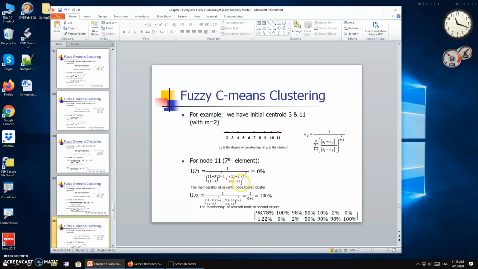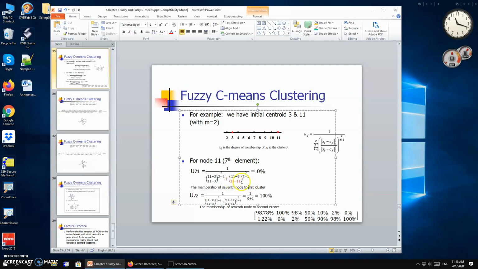This is the detail I want to talk to you about. If you are going to write a program, you will have a divide by 0 problem, so you need to have an exception over here. That's why the node itself is itself, so you have 100% versus 0%. But what I'm trying to say is, if you write a program, you will have a divide by 0 problem here. So these are some exceptions that you need to look into.